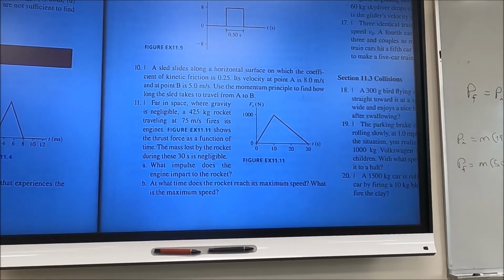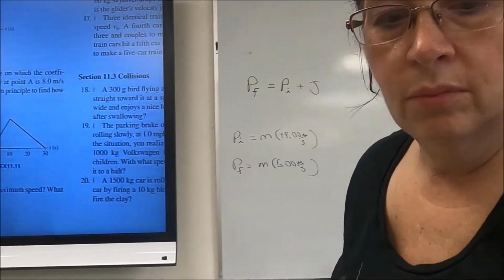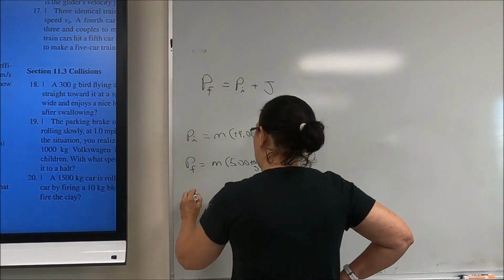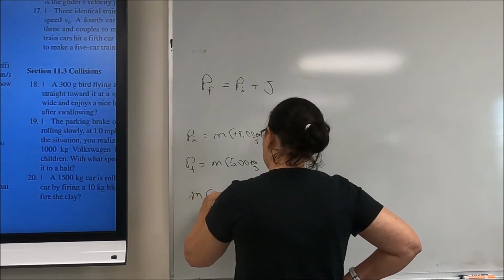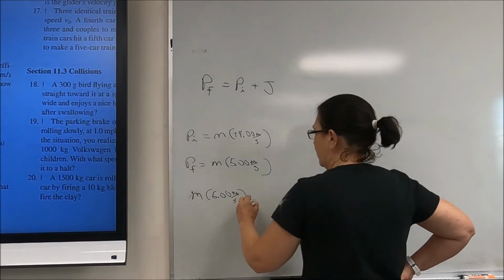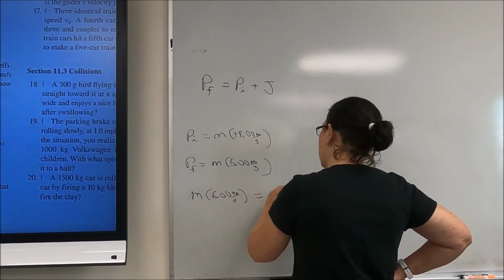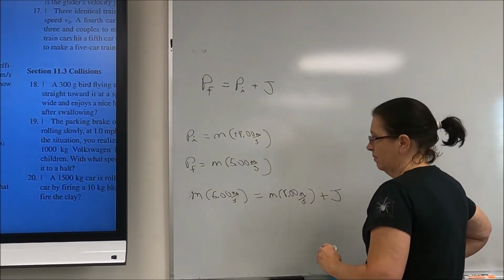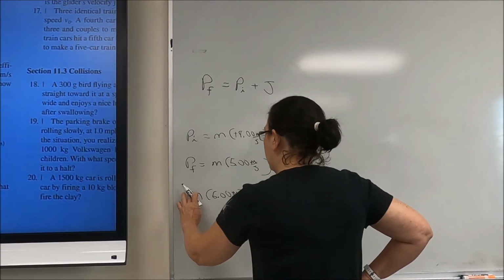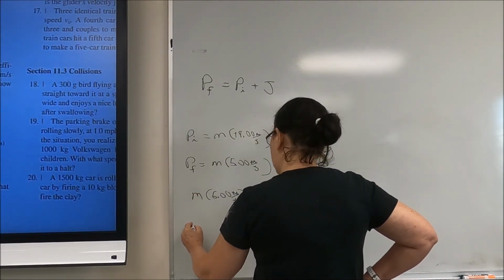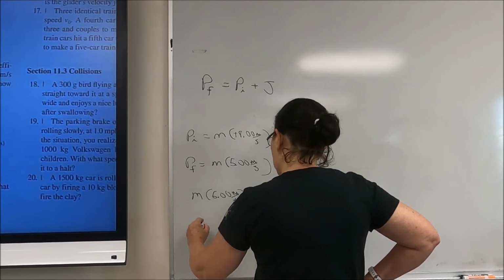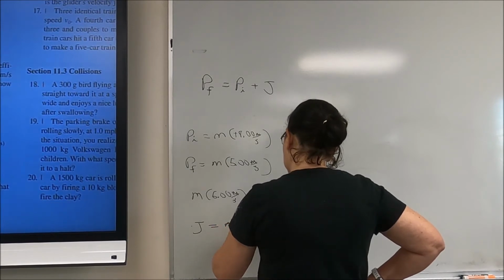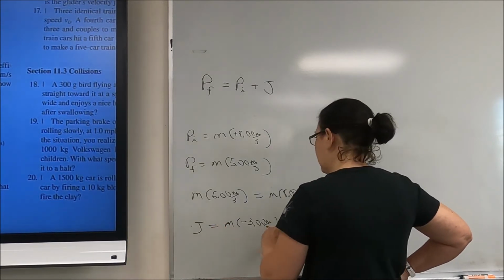Okay? So m times 5 meters per second has to equal m times 8 meters per second plus J. Okay? So if I look at this, I'm going to get J is equal to m times minus 3 meters per second.